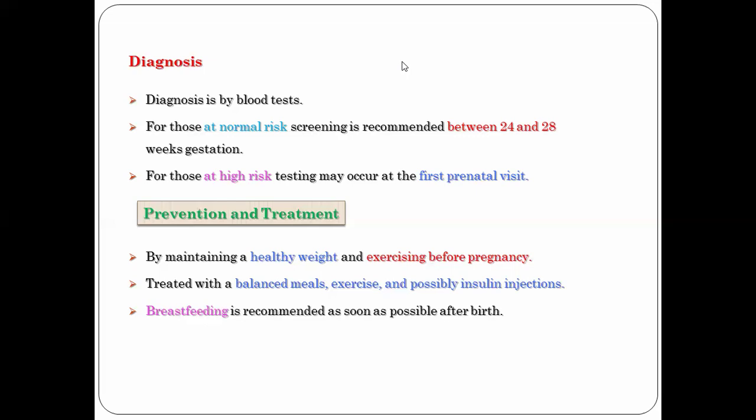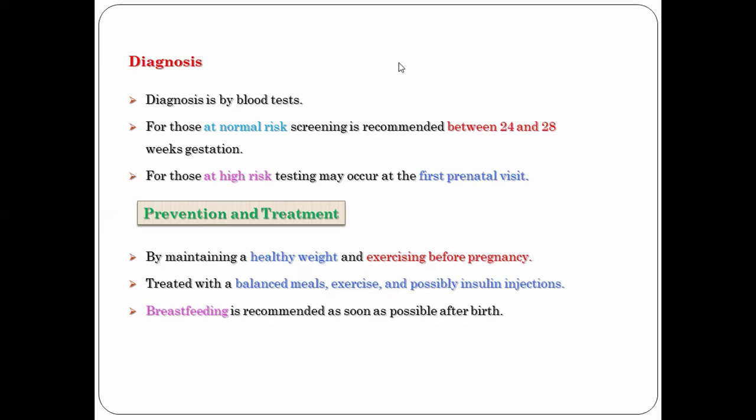So that is a good thing. For those having high risk, at the first prenatal visit we have to do the test. So once GDM is confirmed, we have to go for further treatment during the gestational period for the prevention of complications.